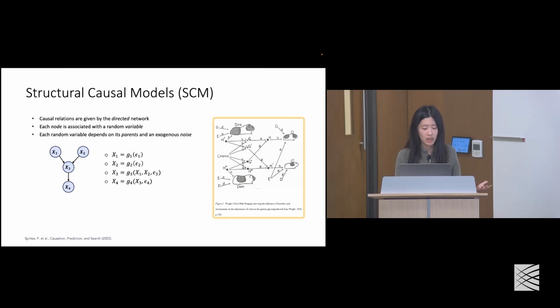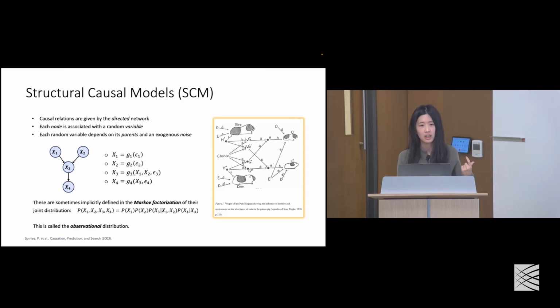I would also like to point out that this mechanism or structural causal model is sometimes implicitly defined in the Markov factorization of their joint distribution. Sometimes people won't exactly put out these equations, but they would write out the joint distribution between all the system variables x1 to x4. And then you will see a Markov factorization, which basically means you would first have the distribution of x1 and x2, and then the distribution of node x3 depending on its parents, and also the distribution of x4 depending on its parents.